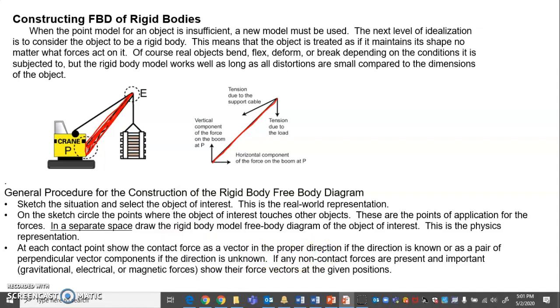And so on here you can see those are selected with dashed lines. And so right here, dashed line, and right here, that's where it's interacting with the world. And so the forces that are acting on that boom, as many people would call it, it has weight. And then down at the bottom, where it's attached here, there is a vertical support and a horizontal support.